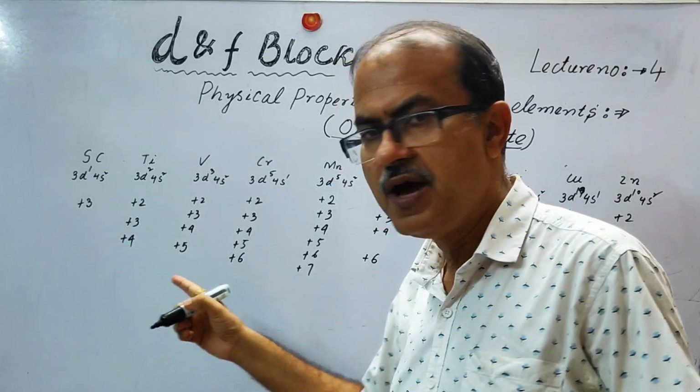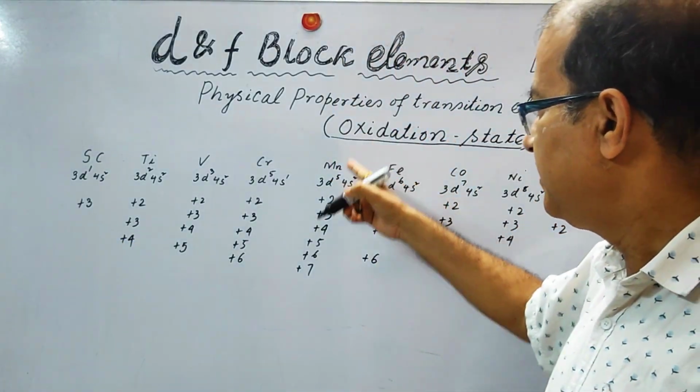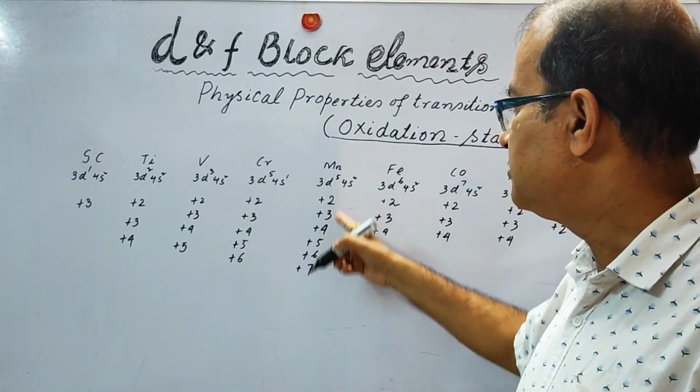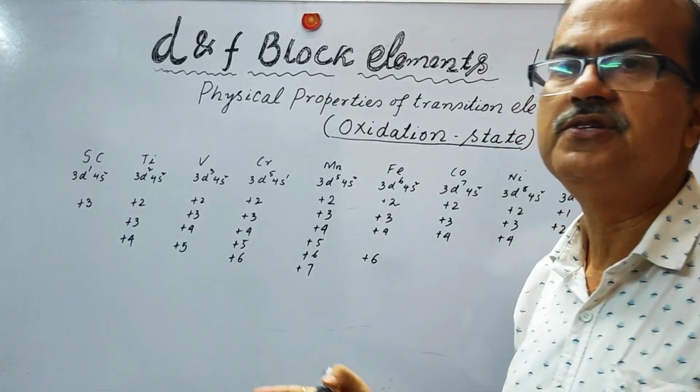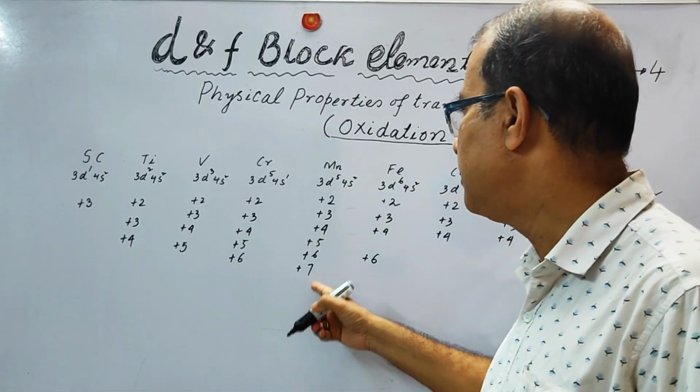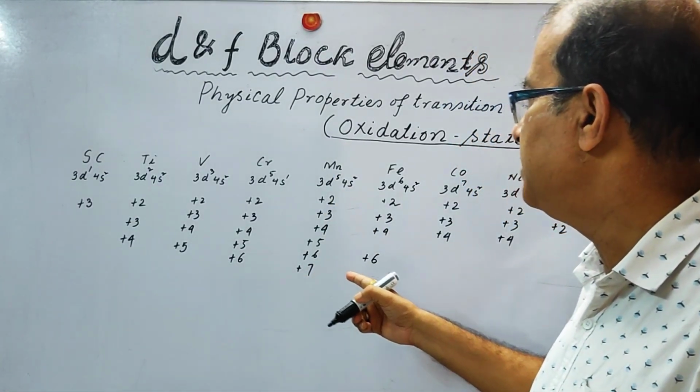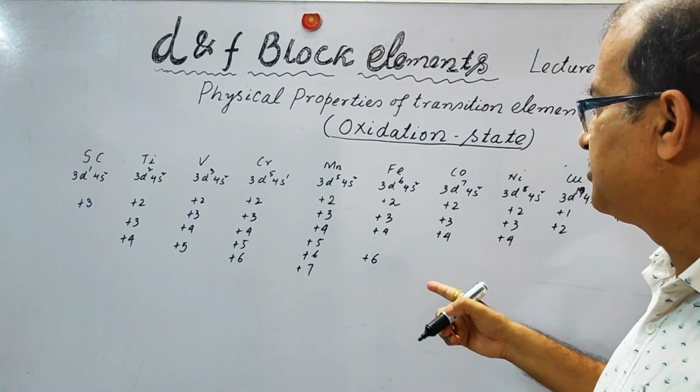As we go along the series, the number of oxidation states is highest in the middle of the series, shown by manganese.